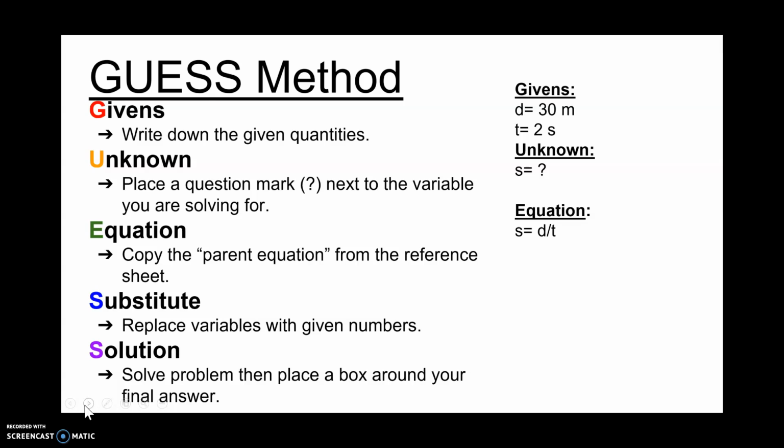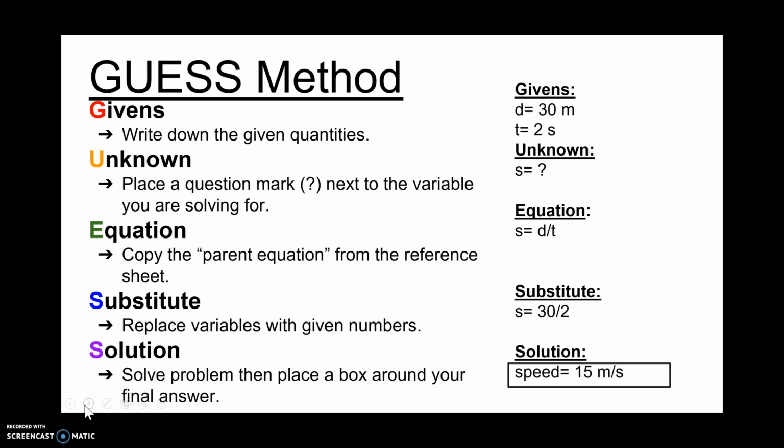So speed equals distance divided by time, S equals D divided by T. Then I substitute, which is I plug in those numbers, 30 for the distance and 2 for the time. And then I plug that into my calculator and I get my solution. The speed, or S, equals 15, and my units are meters per second.